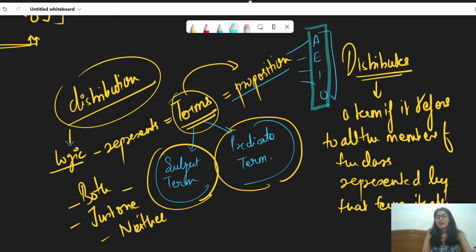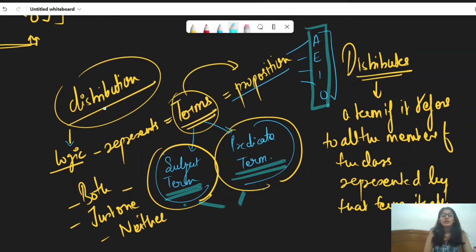In A, E, I, and O, different terms are distributed. In some it is just the subject term, in some just the predicate term. In some it is both the subject term and the predicate term, and in the last, there is neither the subject term nor the predicate term. The reasons behind this are something that we're going to understand now.